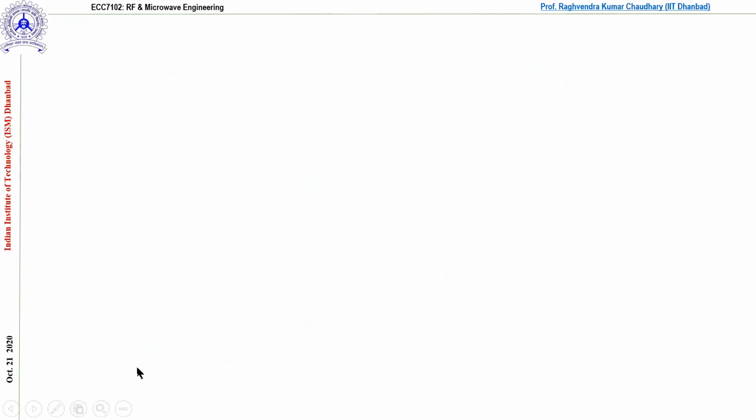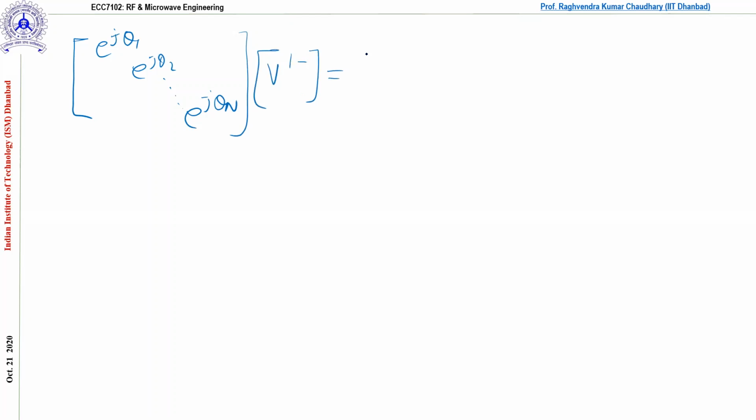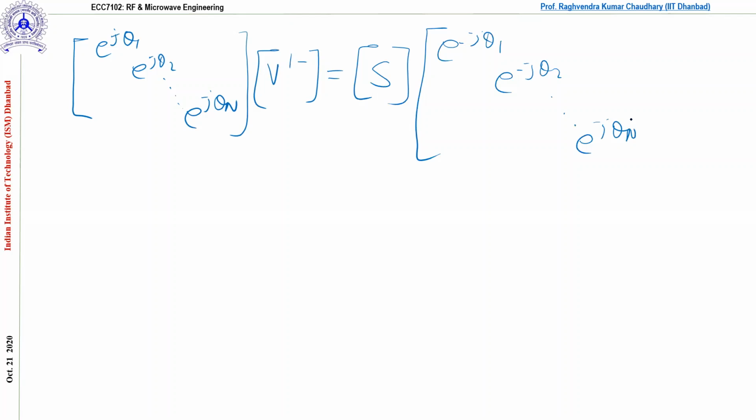When you rewrite, the equation will be like this: e to the power j theta 1, e to the power j theta 2, and e to the power j theta n, V dash minus is equal to S and e to the power minus j theta 1, e to the power minus j theta 2, like that, e to the power minus j theta n, and of course V dash plus. Fine.